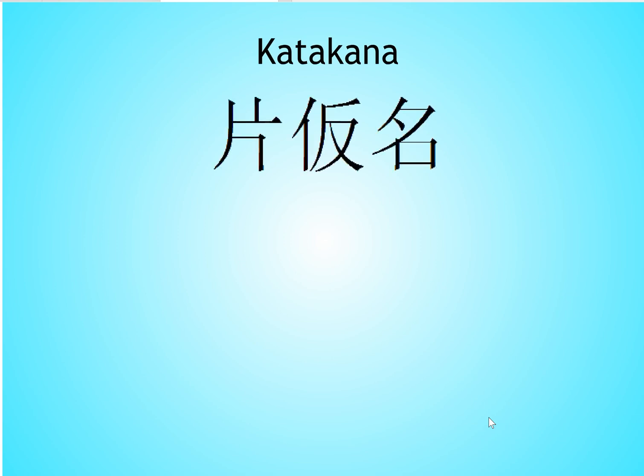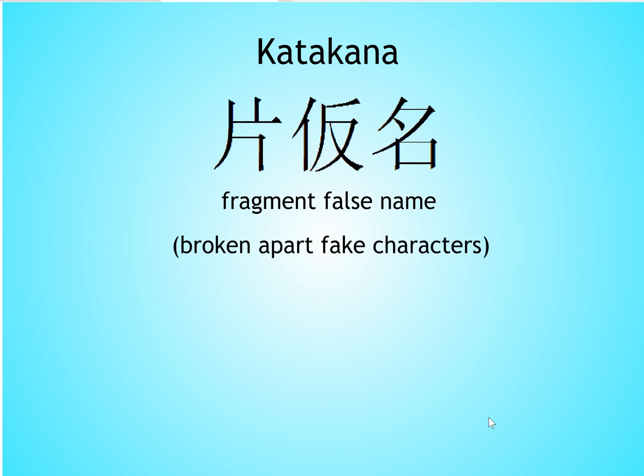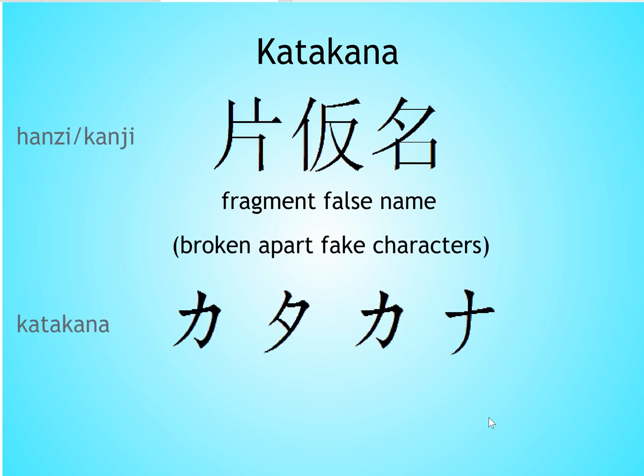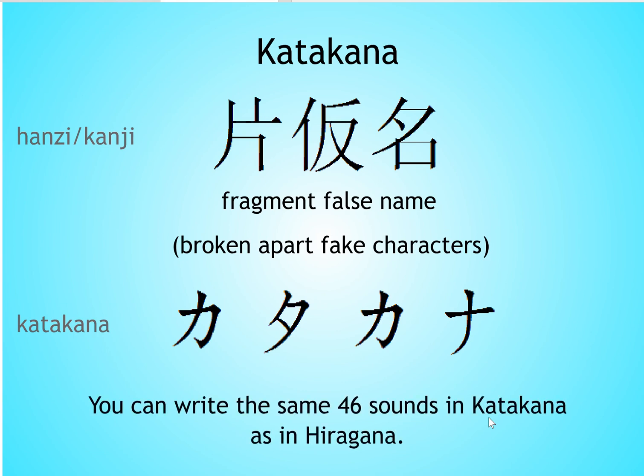Eventually, the Japanese created another sound-based writing system called katakana, which means fragment false name, or loosely translated, broken apart fake characters. In katakana, you can write the same 46 sounds, the same 46 syllables as in hiragana, but you use different characters to do so.